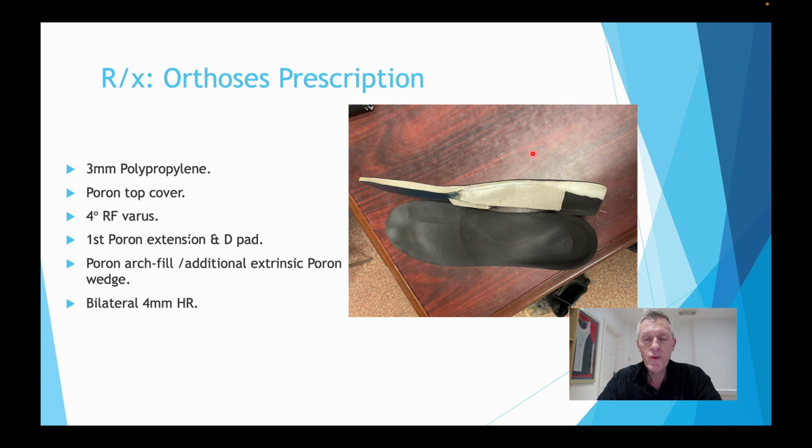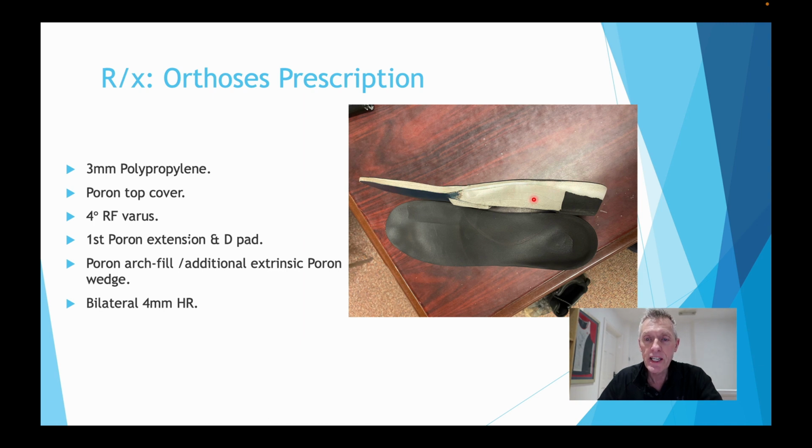So I've used this 3mm polypropylene and ground off the arch slightly and put a pour-on D-pad on top of the arch after 3mm pour-on. And that's so that as the orthotic pushes up in a vertical direction across the medial side of his foot, he would find it tolerable. I've also put plenty of pour-on, which is a closed cell rubber memory foam, which is really good.